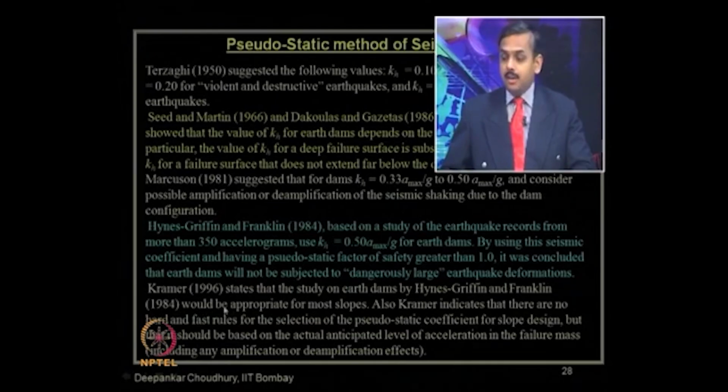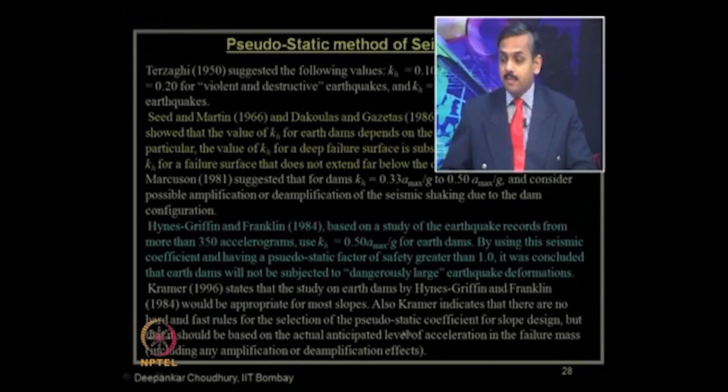Whereas Kramer in 1996 states that the study on the earth dam by these researchers would be appropriate for most of the slopes, because slope stability problem also applies for earth dam, for the stability of the earth dam slope. Also, Kramer indicates that there are no hard and fast rules for the selection of this pseudostatic coefficient for slope design, but that it should be based on the actual anticipated level of acceleration in the failure mass, including any amplification or de-amplification effect.